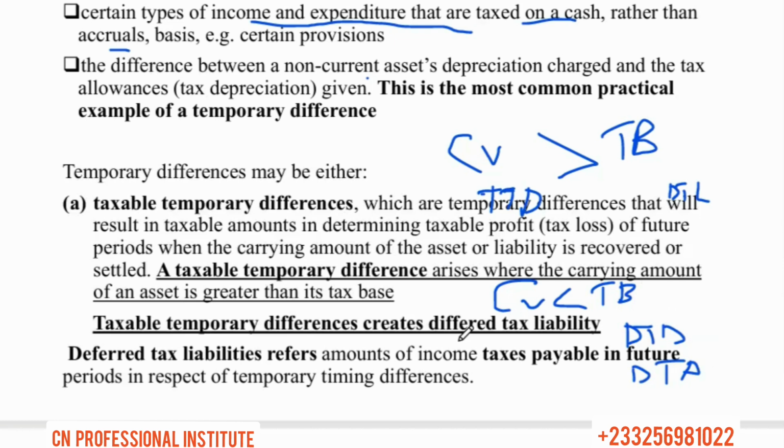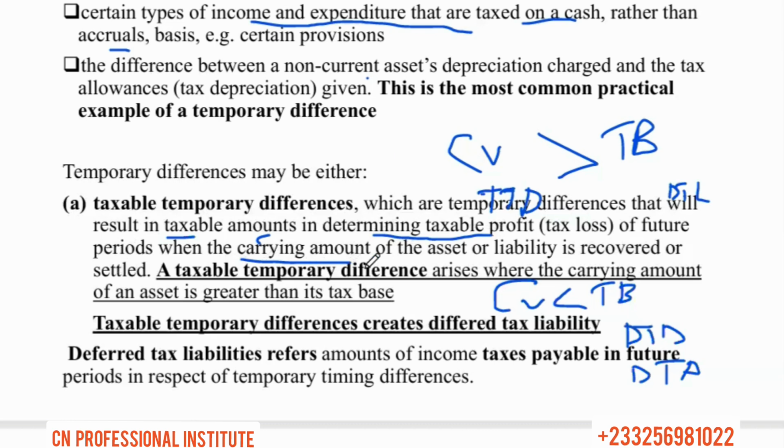Okay, good. So taxable temporary differences are temporary differences that will result in taxable amounts in determining taxable profit in the future, when the carrying amount of an asset or liability is recovered or settled, right? So the taxable temporary difference will create a taxable amount in the future, meaning it creates a deferred tax liability.